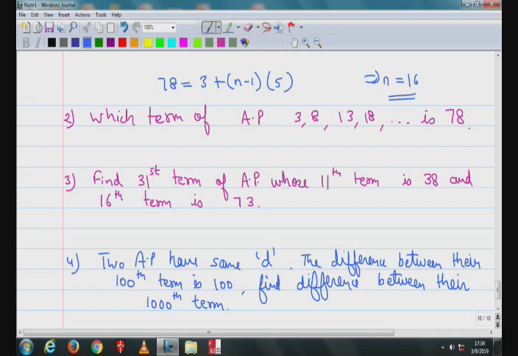Yes, Kohima, that answer is right. So the 31st term we have to figure out.